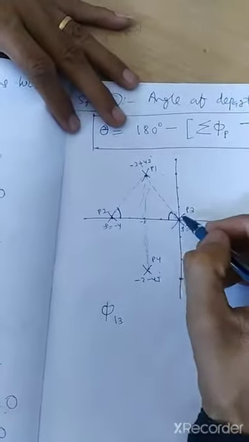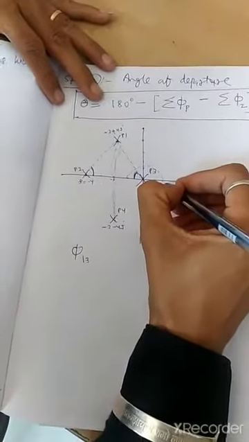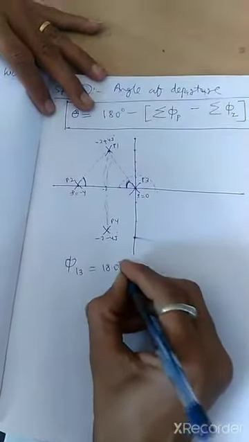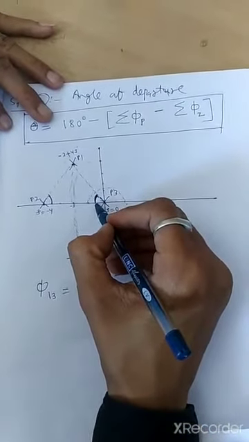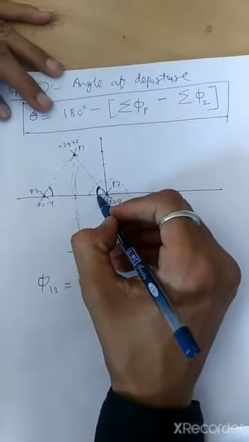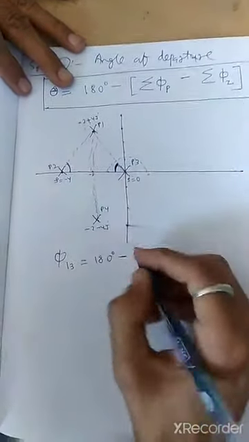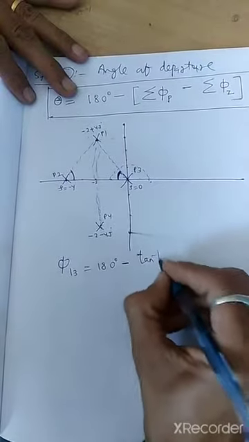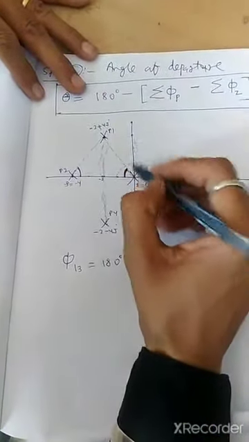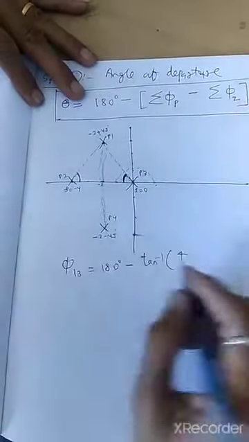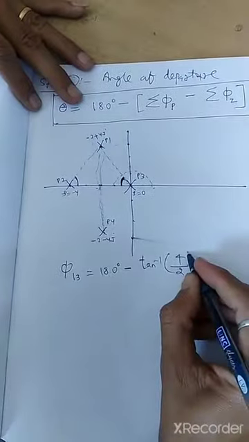So what is phi 13, what is this angle? I know that this total is 180 degrees. So 180 degrees minus this angle. I know tan theta is equal to perpendicular upon base. So 180 degrees minus tan inverse of the perpendicular. What is this height? This height is 4 because this is 4j. And the base, what is this distance? This is 2. So 4 divided by 2.